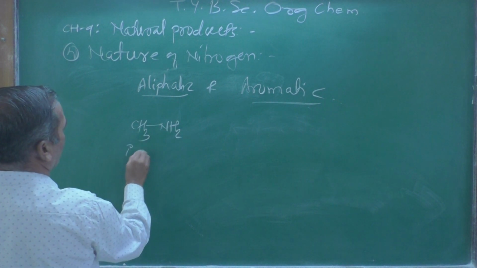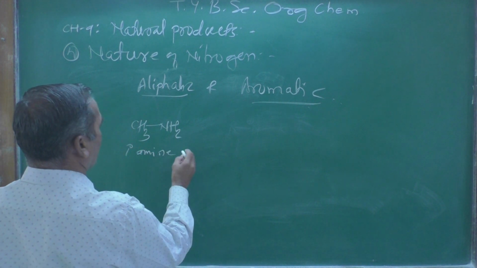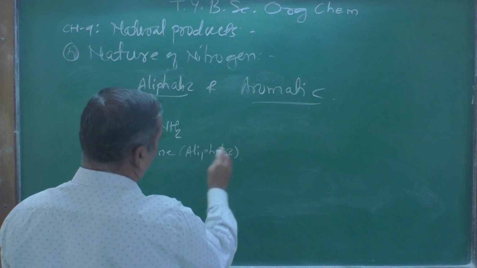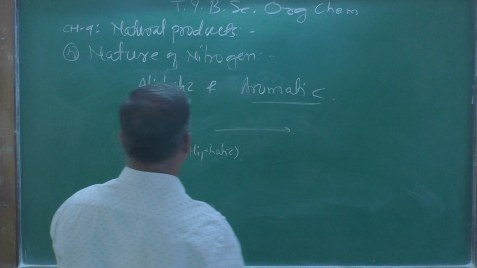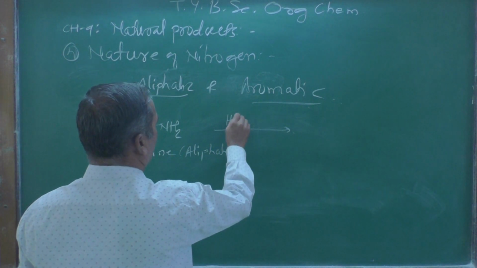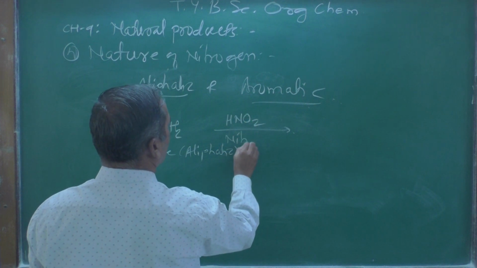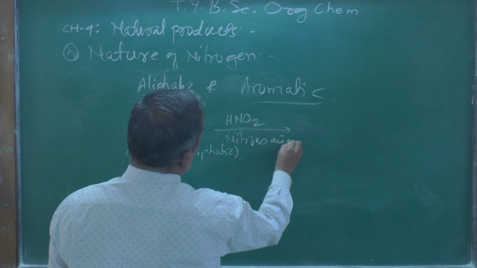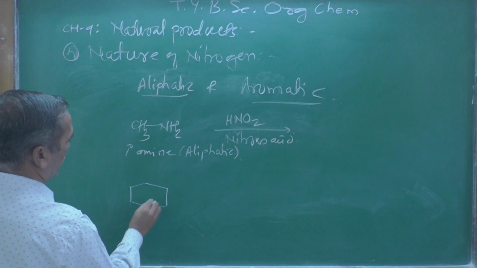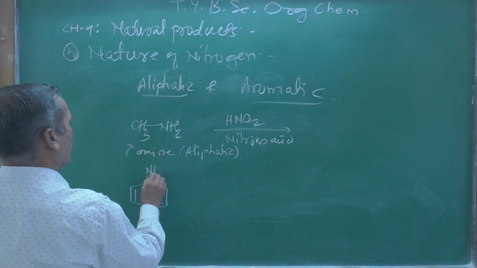It is a primary amine, and it is aliphatic in nature. Remember, this is very important. The reagent we are talking about is HNO2, nitrous acid. We are using nitrous acid, and in the same way we are going to take an aromatic compound, as we know the aromatic compound and the aliphatic compound.